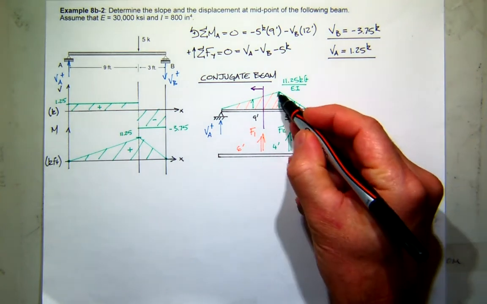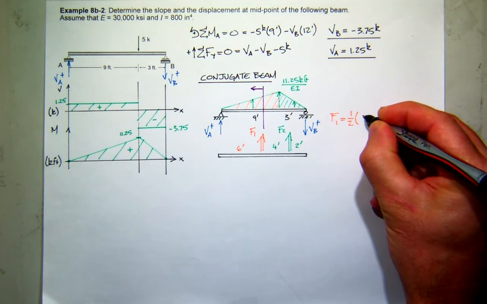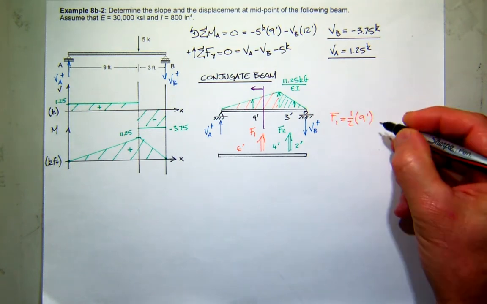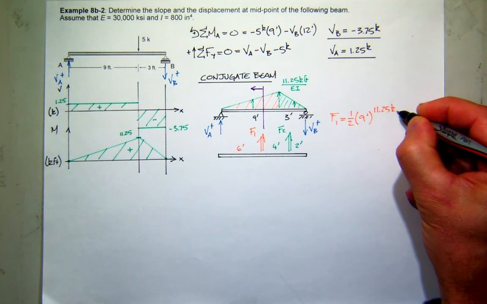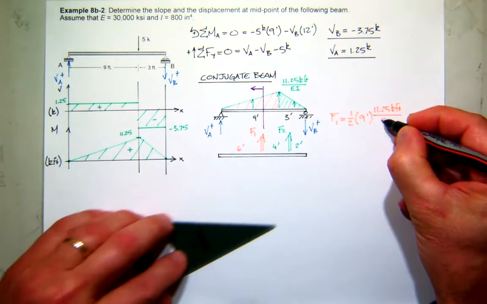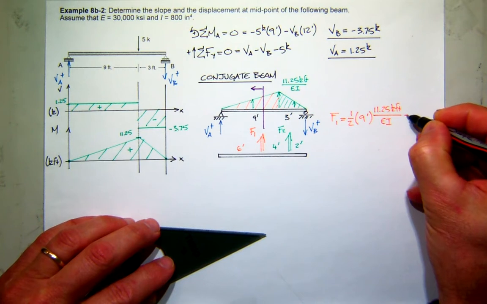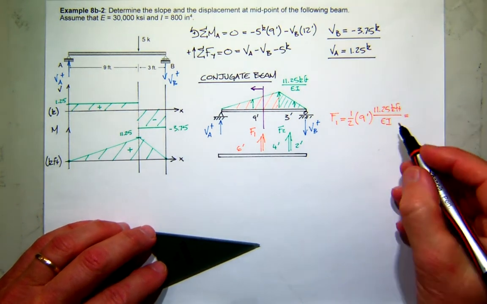So let's actually compute F1. Well, F1 is the area under the triangle, so it's going to be 1/2 base, which is 9 feet, times the height, which is 11.25 kip feet, divided by EI. What's that going to be equal to? Somebody compute that for me.